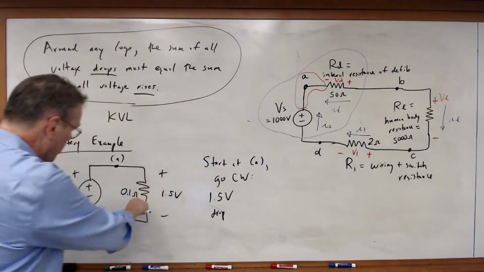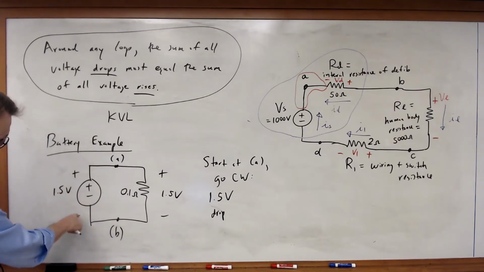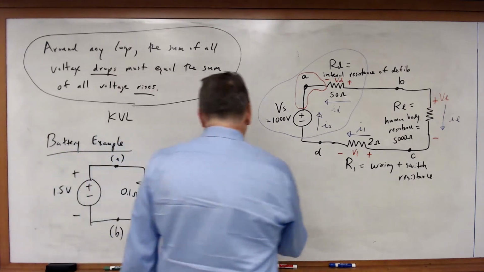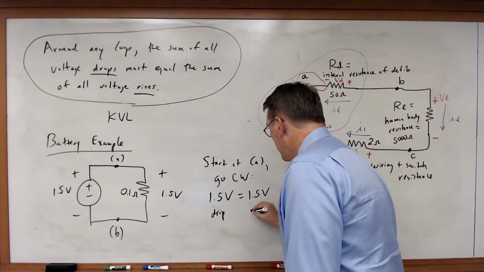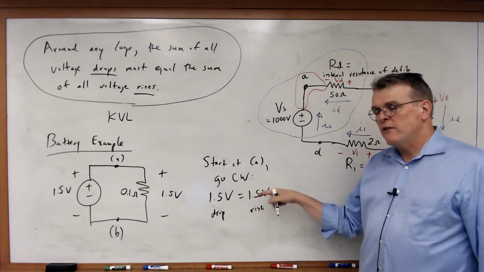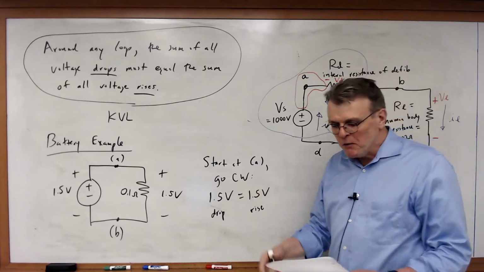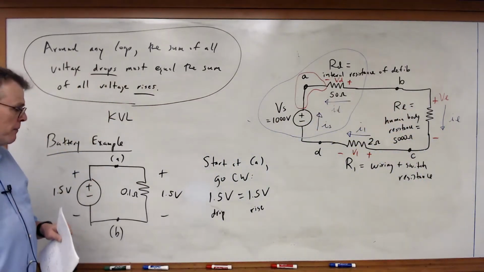And then I keep going around the circuit through node B, and then I rise, going from negative to positive, 1.5 volts. 1.5 is equal to 1.5. So the rise and the drop are equal. Kind of obvious, but it's a very simple idea.